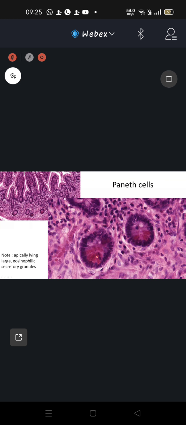So what is the characteristic of this Paneth cell? They are apically filled with eosinophilic granules, and the nucleus is basally placed. And where are these cells? They are in the basal portion of the intestinal gland.